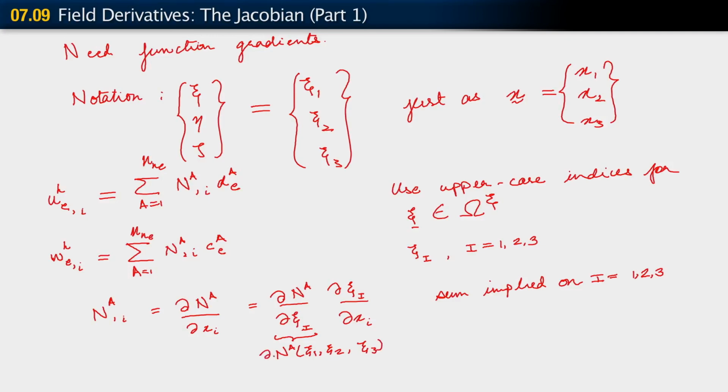So we are talking of taking this derivative with respect to a particular xi I, where I may be 1, 2, or 3. We've written out the shape functions, we know how to take those derivatives. Straightforward. Now, the thing that remains to do is to figure out this quantity. How do we get that?